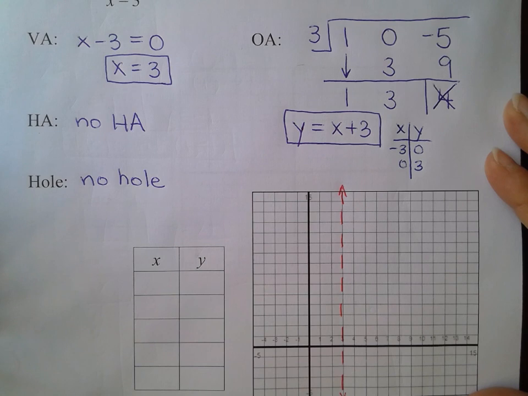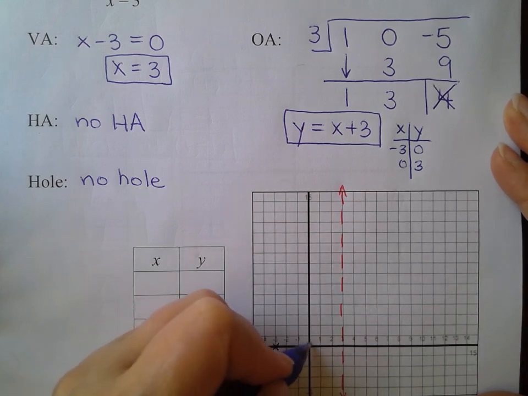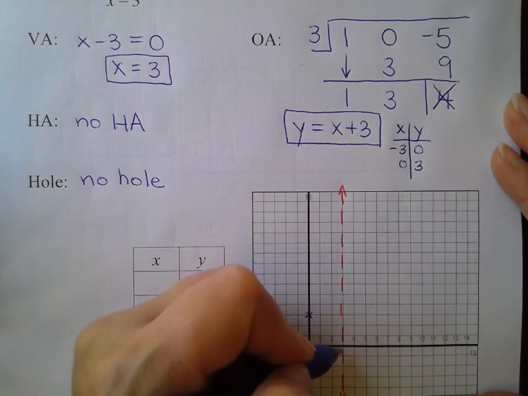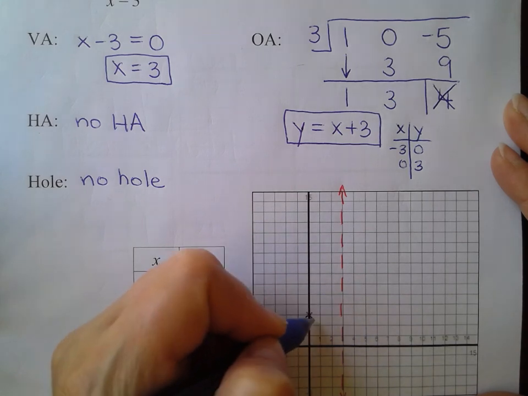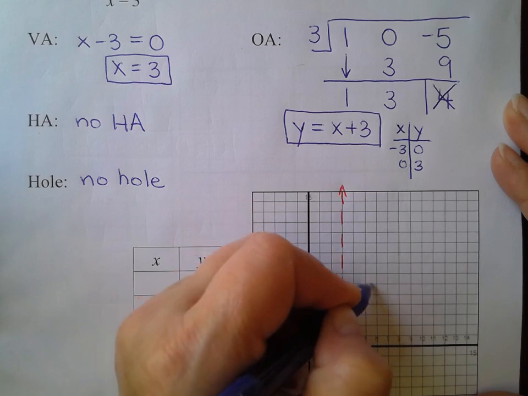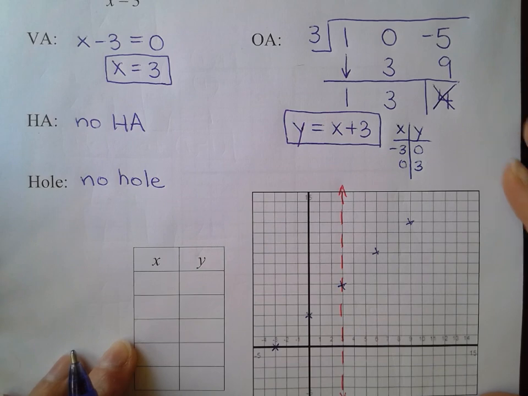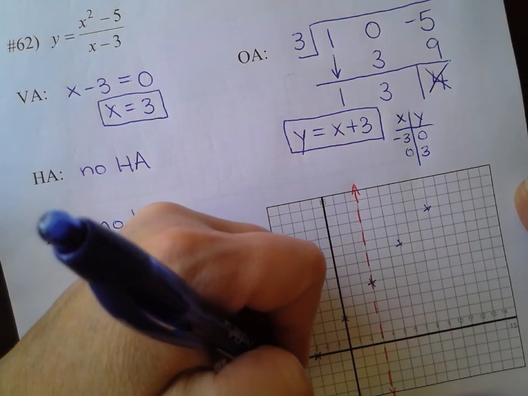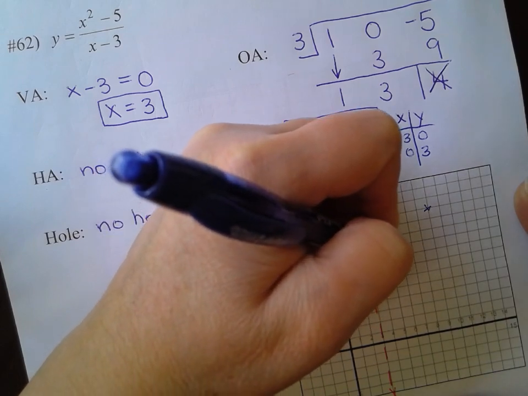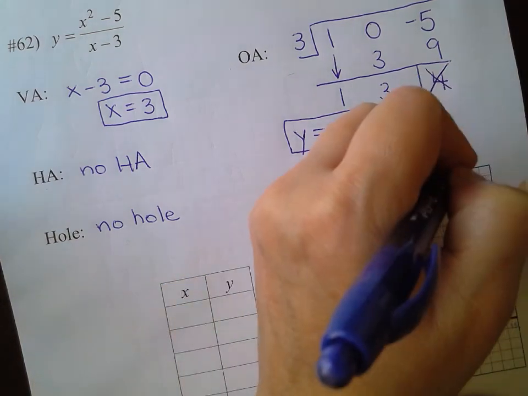Okay, so -3, 0, and 0, 3. And we need to go pretty far out, so you could even pick some more. I'm going over 3 and up 3. Over 3 and up 3 might help you make it straight. There we go. So this is our oblique asymptote.